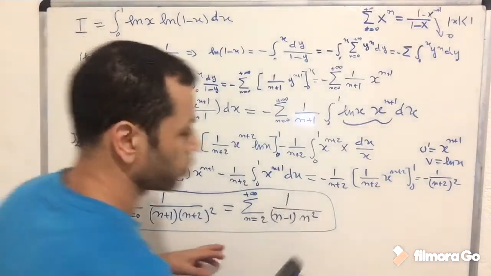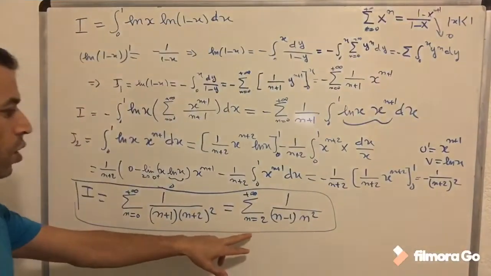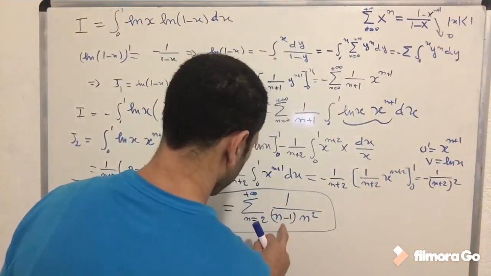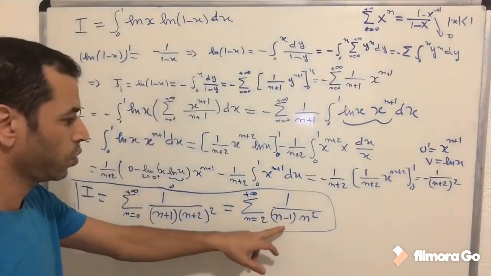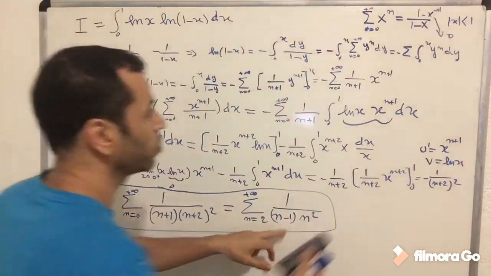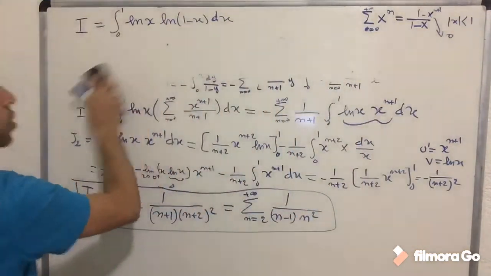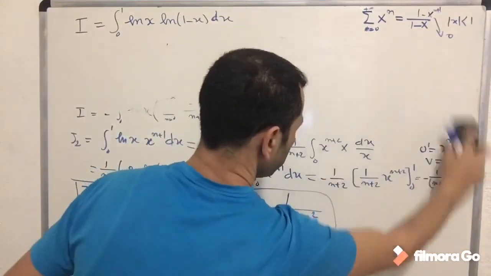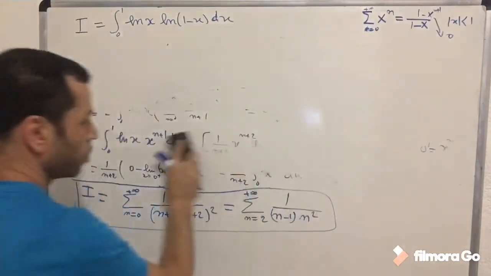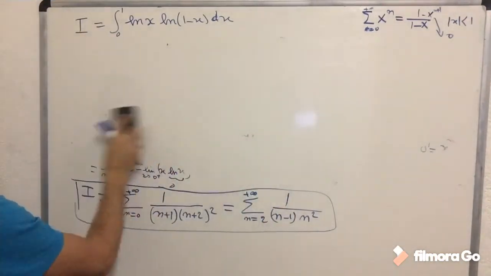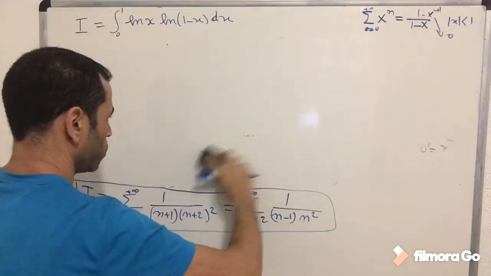Now we are going to clean the board and rewrite this one. We are not leaving it like this. We should calculate it as a value. So let's see here. We'll use the partial fraction decomposition to make it very simple to solve.